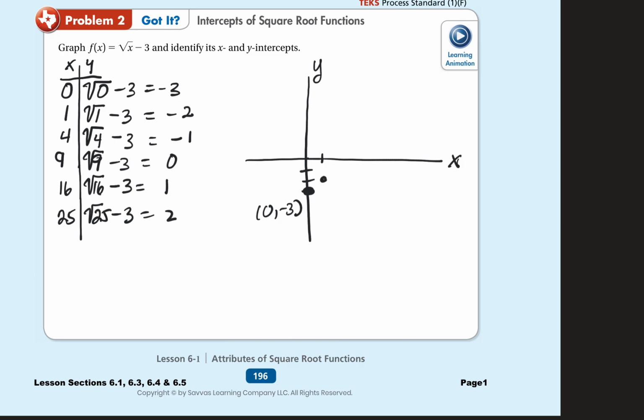Then 1, negative 2, 2, negative 1, and so on up to 9, 0. So we have 9, comma 0. This is the x-intercept, and this is the y-intercept.